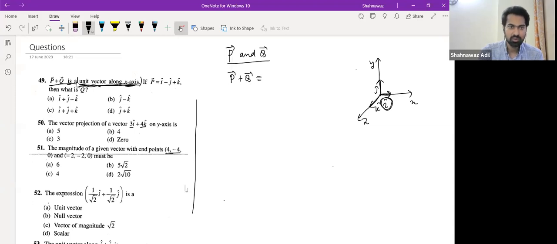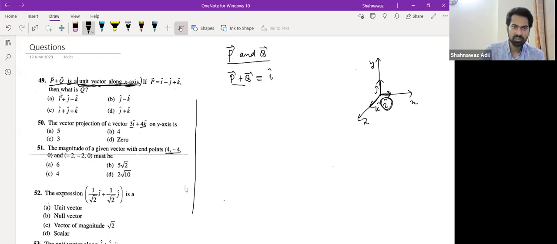P plus Q is a unit vector along x axis, which is what? Just a moment ago, you said the answer. I, right. So we can write I.